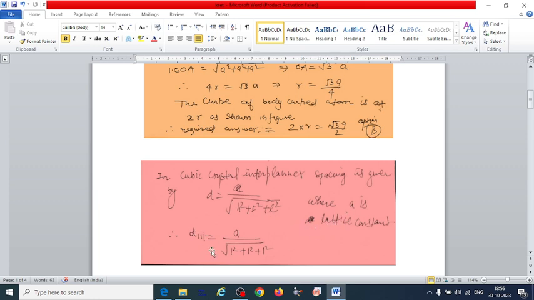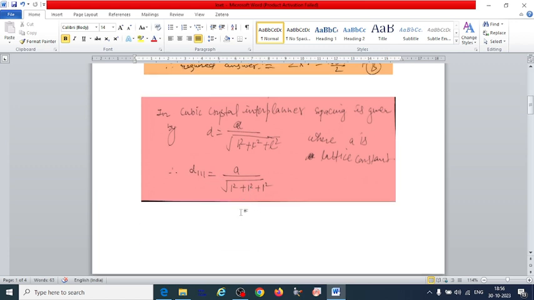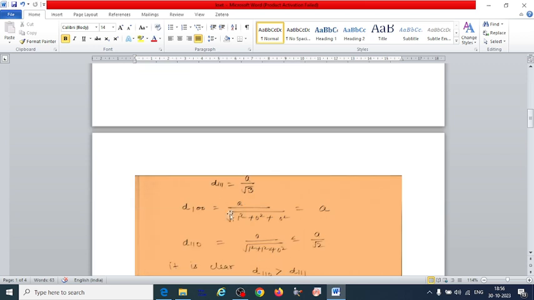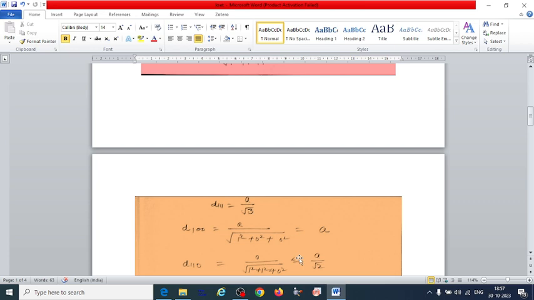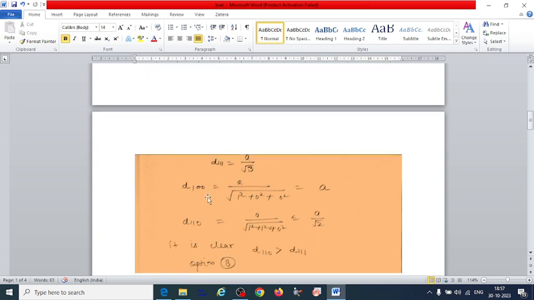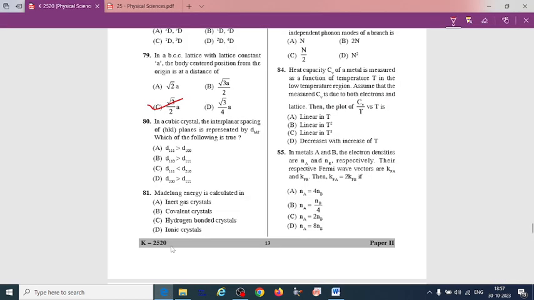If we take the 1, 1, 1 plane, we have A divided by root of 1 square plus 1 square plus 1 square, that is A by root 3. Then the 1, 0, 0 plane is equal to A, and 1, 1, 0 is A by root 2. So from this it is clear which value is bigger among these three planes: D110 is greater than D111. So the correct option is B.